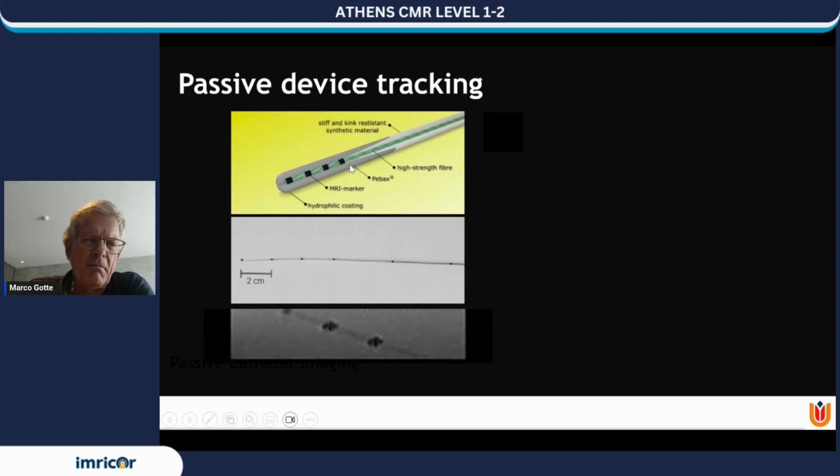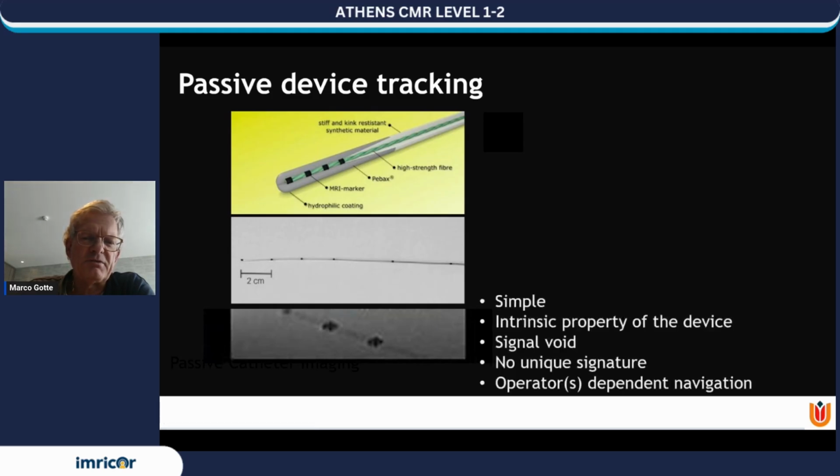These markers create signal voids, black dots, and this is how you can visualize the position of the device. It's simple. It's an intrinsic property of the device. It generates signal voids on purpose, but it has no unique signal and image signatures.